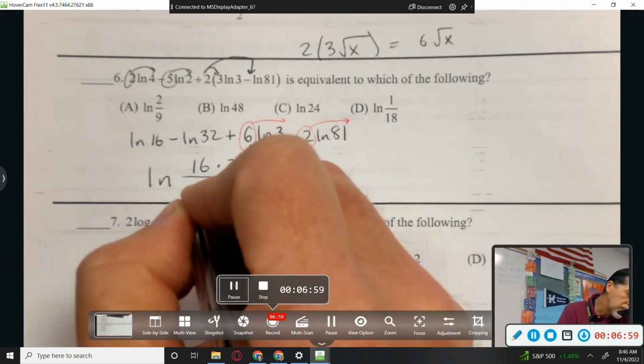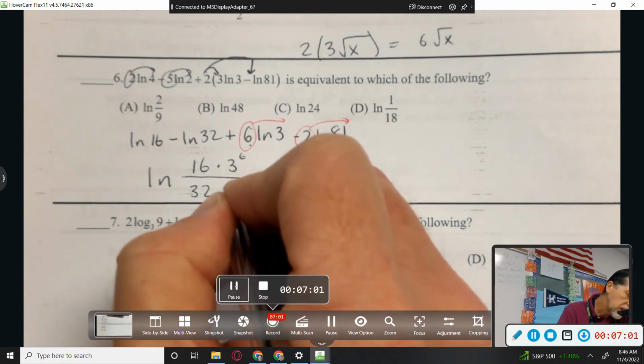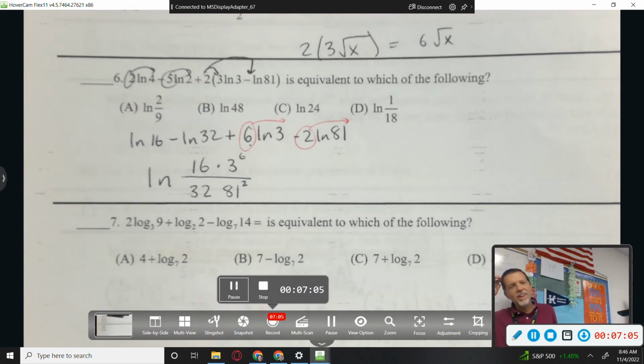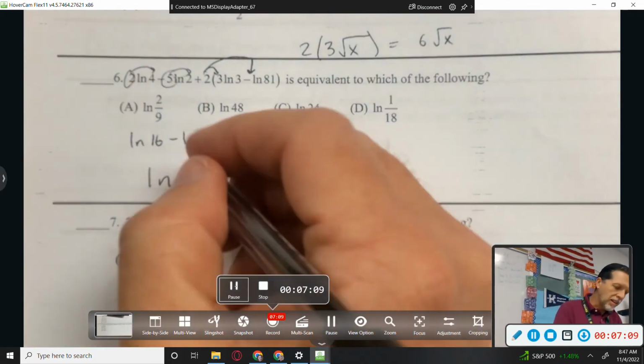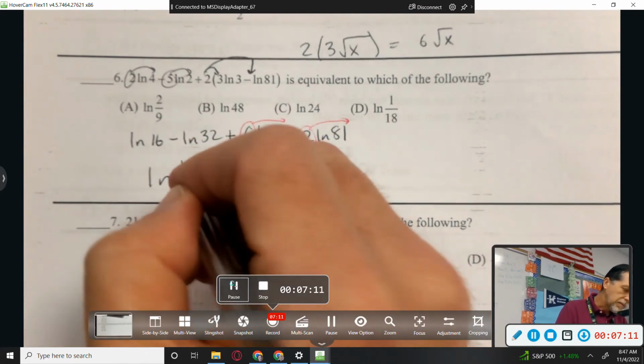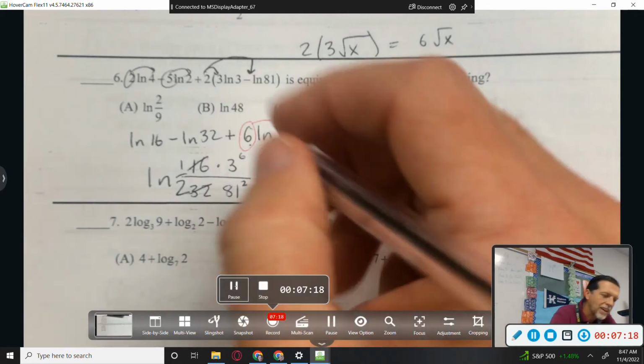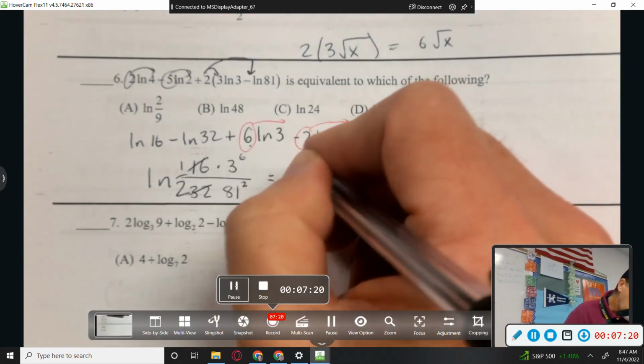Anything negative is in the bottom. I know, it's like I don't want to do 3 to the 6th or 81 squared. 16 over 32 is not bad. That's just 1/2. 3 to the 6th, 81 squared? What the heck is going on here?